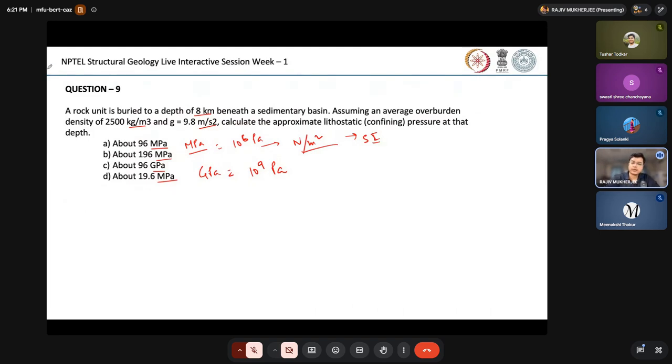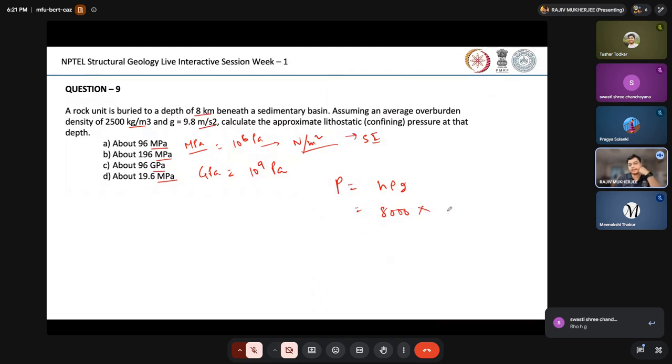So what will be the formula which we will apply here? The formula is lithostatic pressure P is equal to H rho G. H is 8,000 meters because it is given in kilometers.